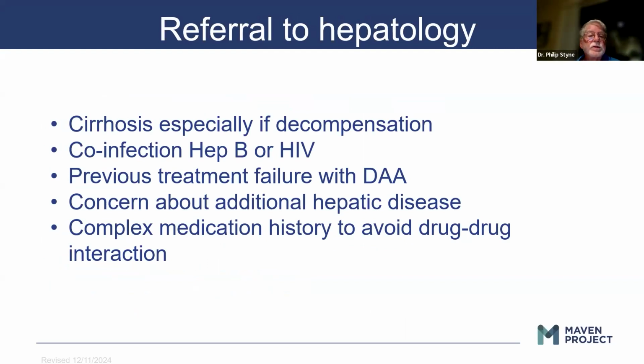Referral to hepatology: cirrhosis, co-infection with B or HIV. The HIV drugs become very complicated, and I don't go there. I use my ID compatriots. Active hepatitis B complicates hepatitis C treatment.